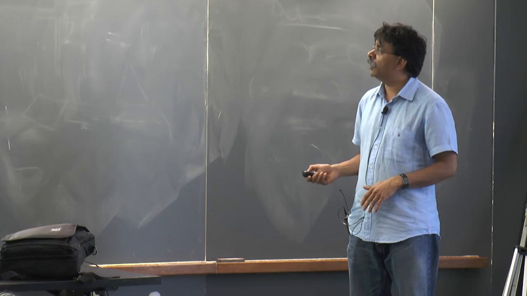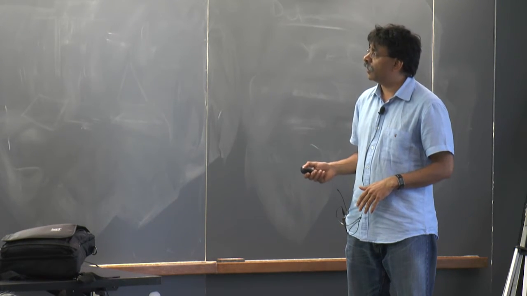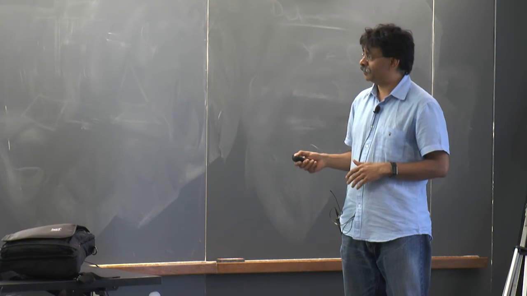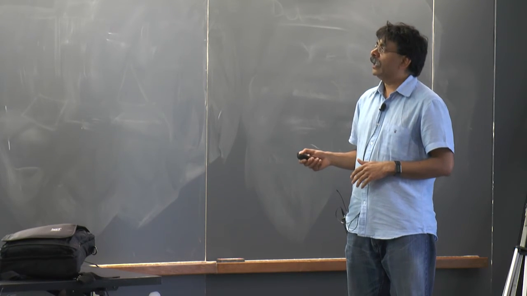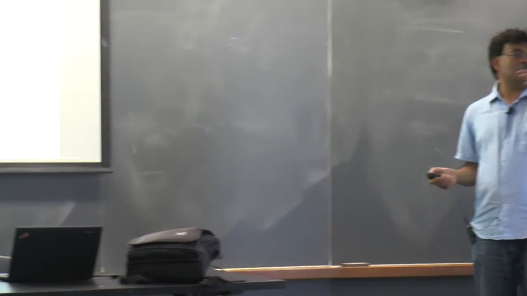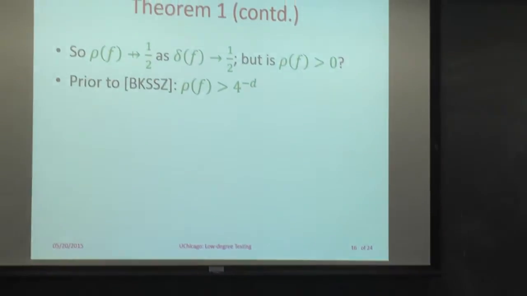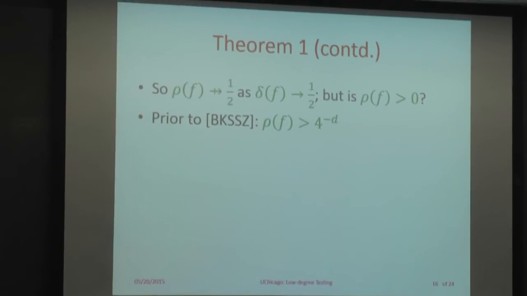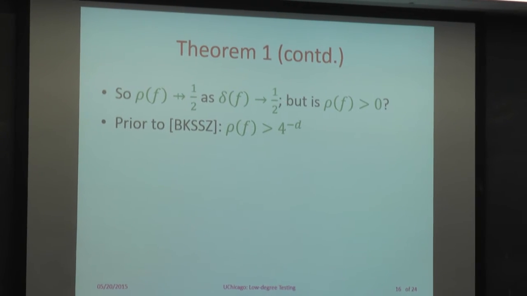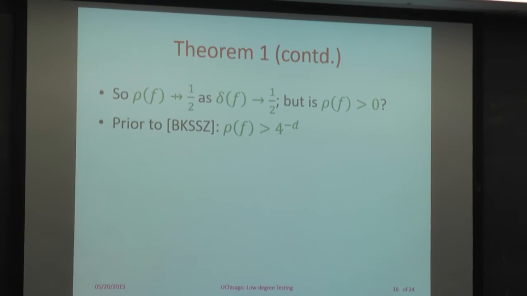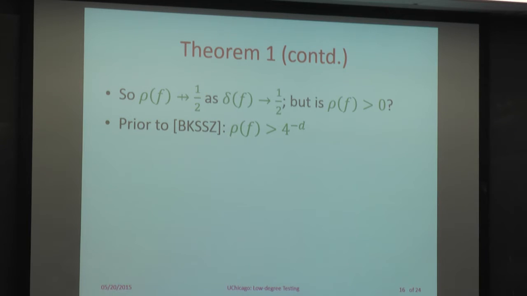There was some explanation which said that, look, if you are taking functions which are almost as bad as random functions, with distance approaching 50%, then they would be rejected with probability at least 4 to the minus d. This was work of Alon, Kaufman, Krivilevich, Litzen and Ron. So, it will be rejected with positive probability, but the probability goes to 0 as d grows.